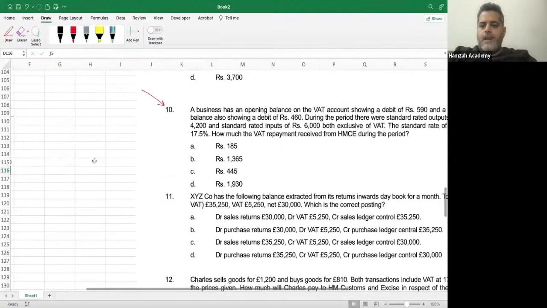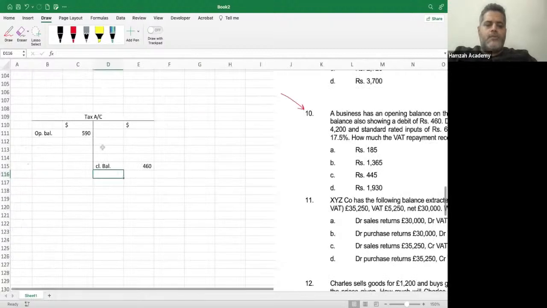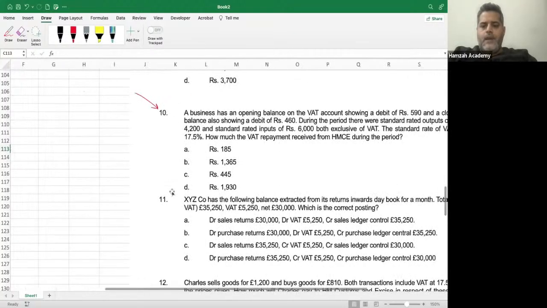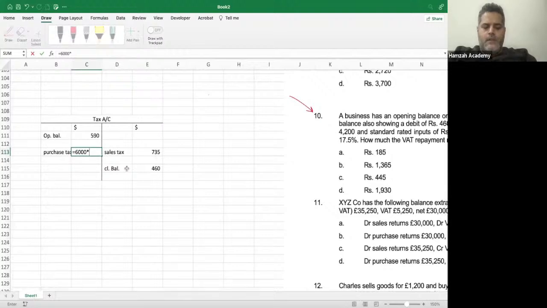Then during the period, there was standard rated output of 4200 exclusive of tax. So my sales tax is going to be over here, 4200 into 0.175. Then I have my purchase tax over here, and this is 6000 into 17.5 over 117.5.